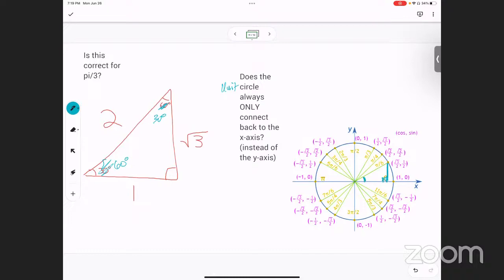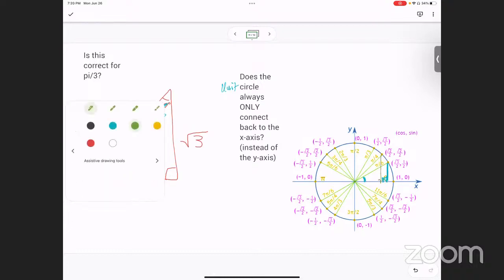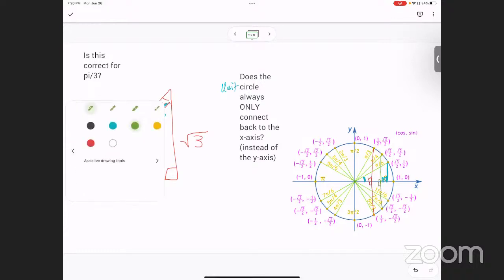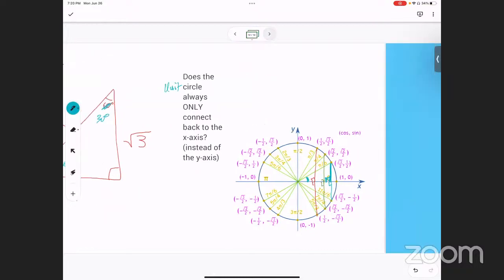So that's that one, this is this one, and this one would be this one. And then these ones would be going this direction. Okay, that makes sense. Thank you. Yep.